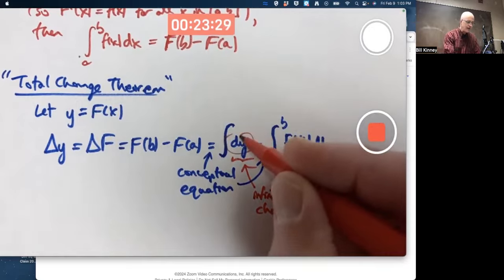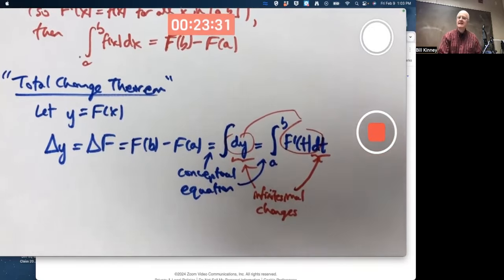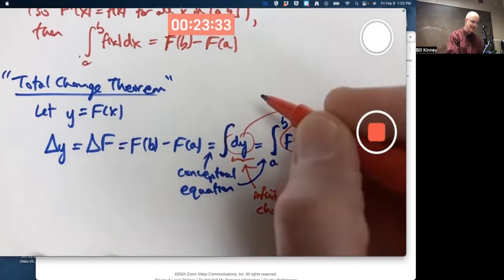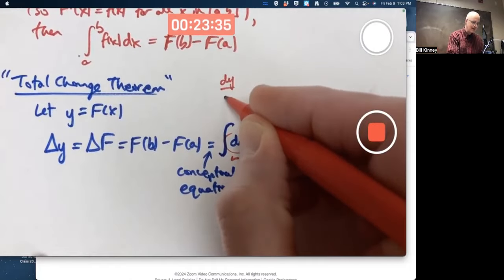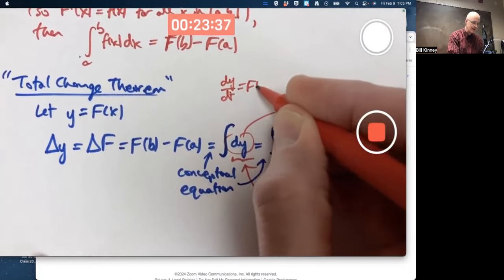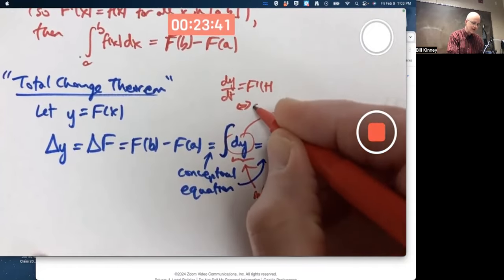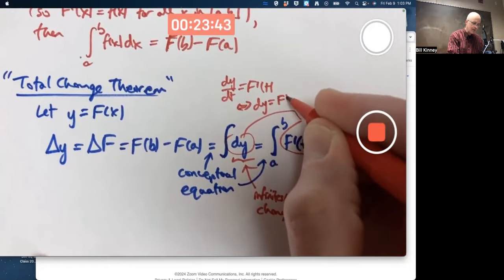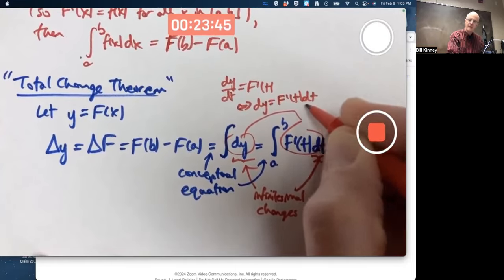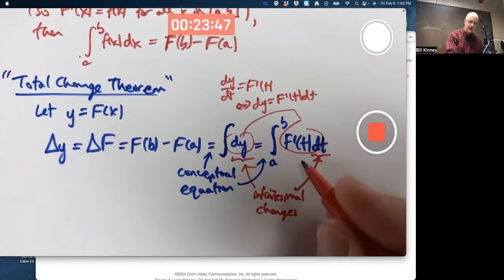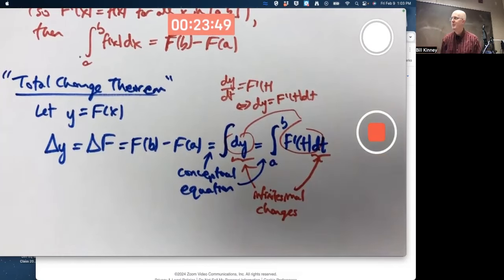The equality between dy and F prime of t dt could be thought of a couple ways. You could think of the fact that dy/dt equals F prime of t as being equivalent to, pretending this is a fraction, dy equals F prime of t dt, and pretending that you're doing a multiplication there. Are you really doing a multiplication?